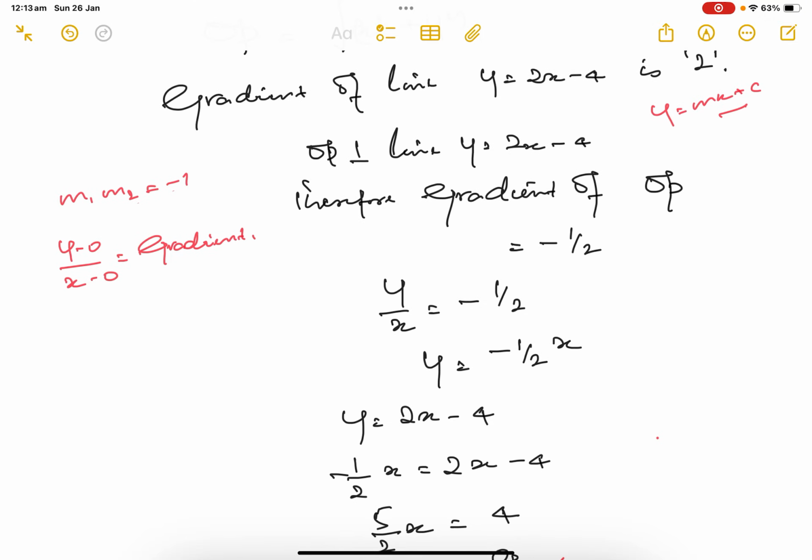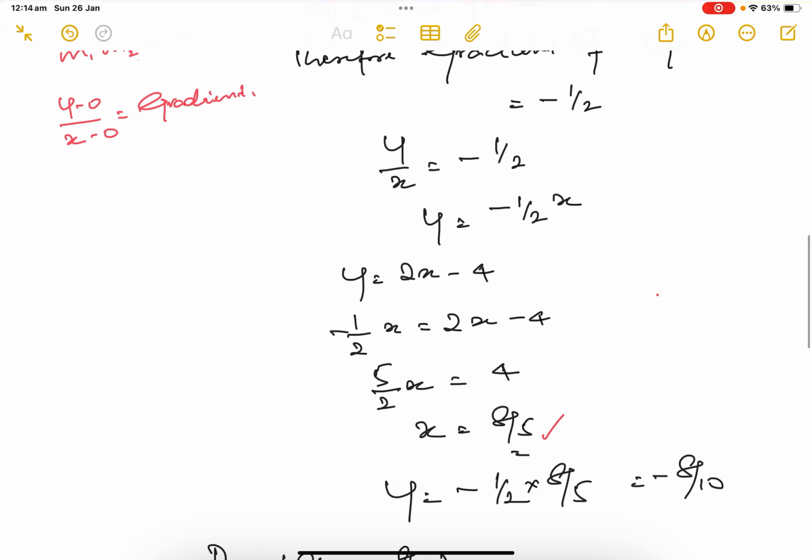With the origin at 0, 0 and the coordinates of P being x, y, we can find the gradient of OP in another way: y minus 0 over x minus 0, which we equate. So y over x is equal to minus half. From that, y equals minus half x.